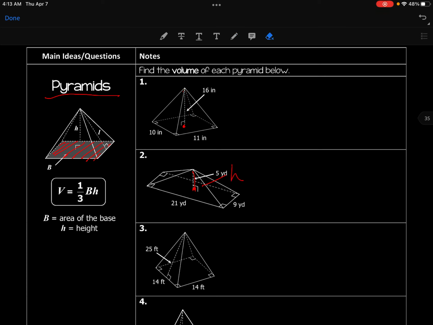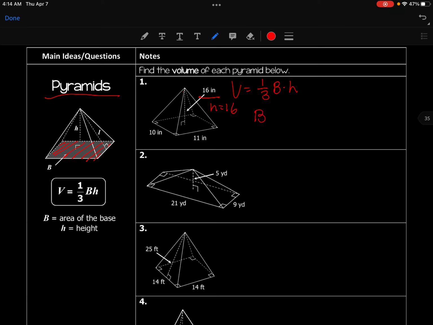All right, let's do an example problem. For number 1, we know that the volume of a pyramid is 1/3 base times the height. First, we are given the height is 16. So h is equal to 16. Now we need to find the base.